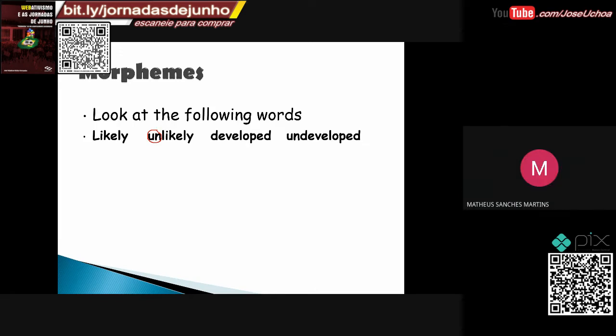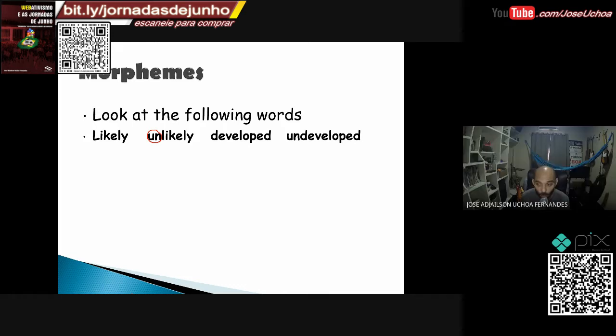It's going to give us a kind of negative idea. Very good. And can you prove that by testing in other words? Think of other word pairs that have this blah blah blah part and this un blah blah blah part. Take a look at developed and undeveloped. Is it the same?